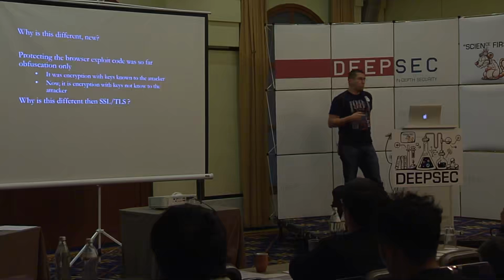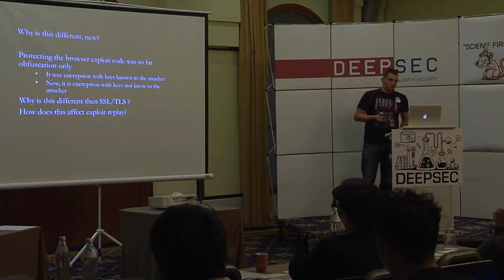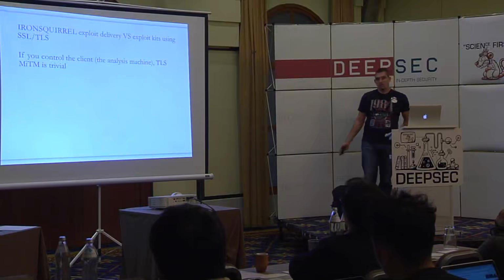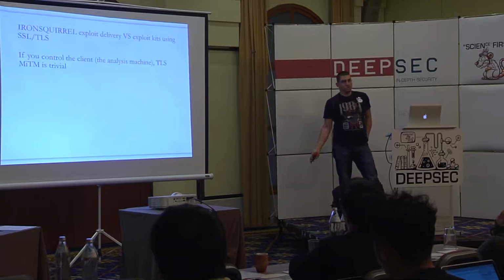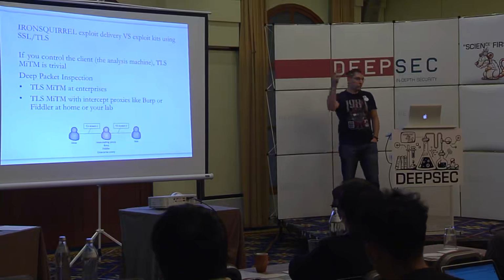And why do I believe that this is different than SSL or TLS? And how does this affect the exploit replay? So with SSL/TLS, if you control the client, and whenever you are a reverse engineer, you control the client, then man-in-the-middle attack in a TLS connection is trivial, right? So for example, how many of you guys have used Burp?